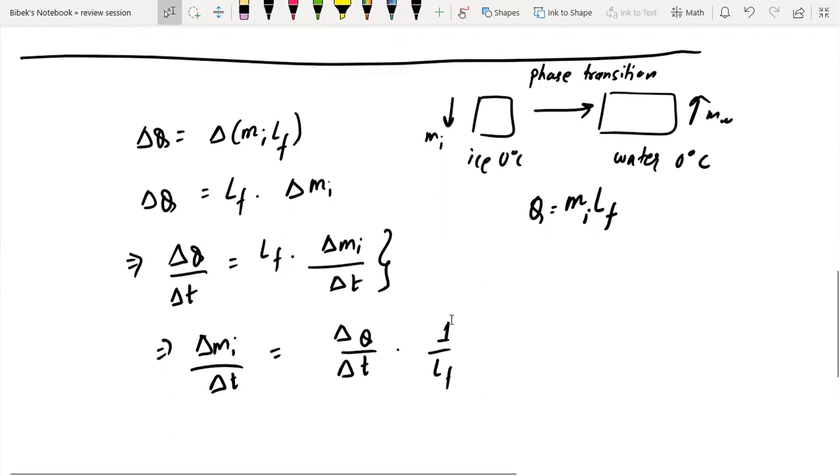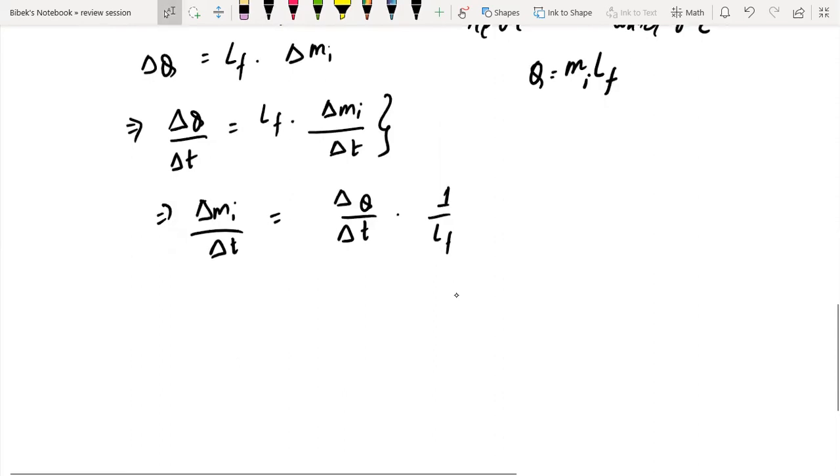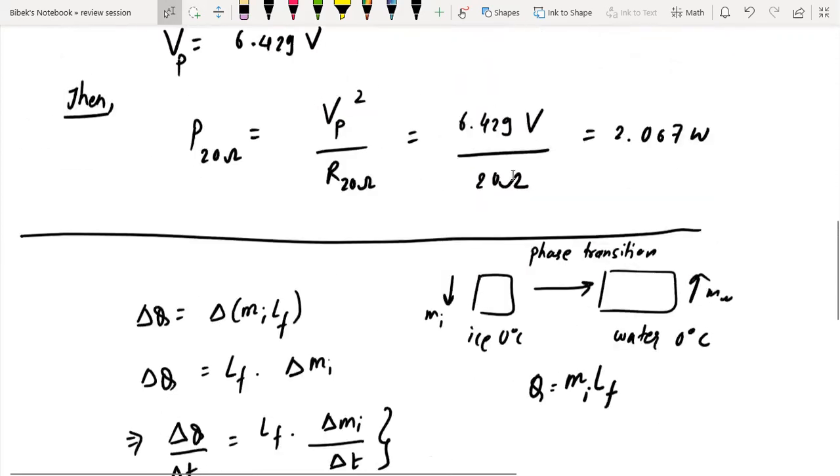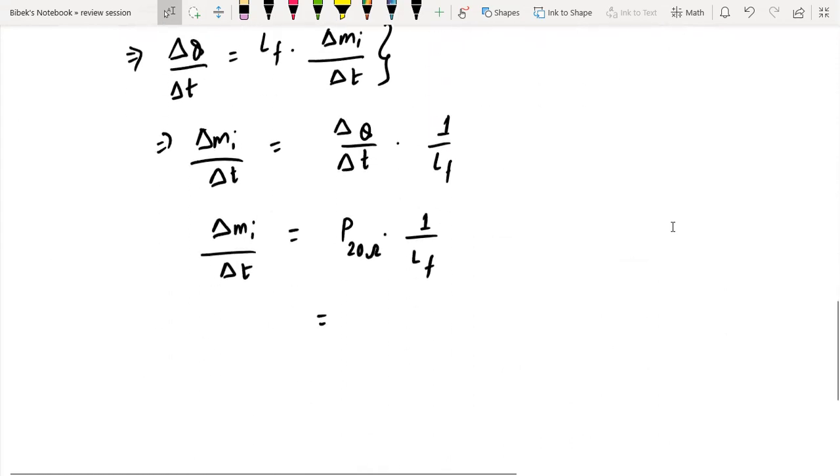Delta Q over delta t is power, the P of the 20 ohm that we just found, over LF. So this means it is 2.067 watt times 1 over LF.